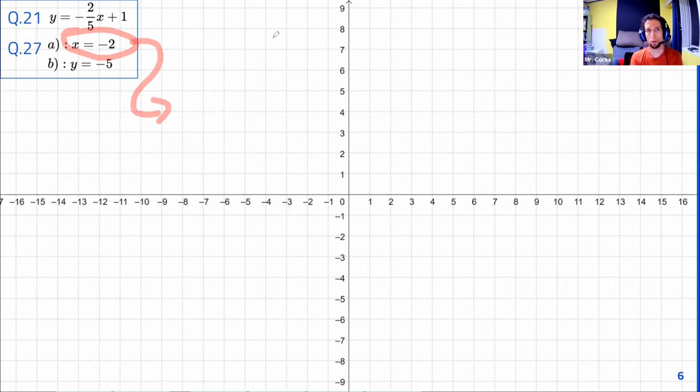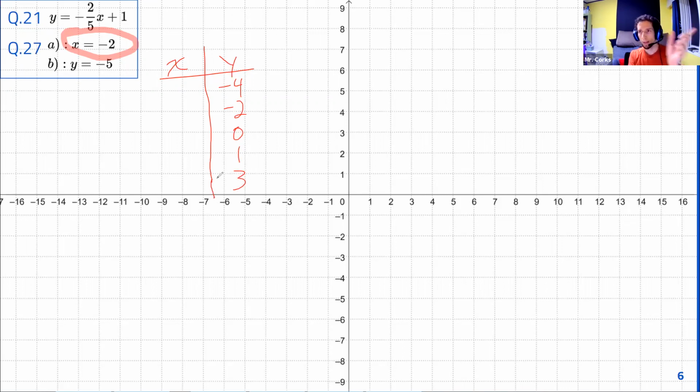The x coordinate must be -2. So if we were to try to make up a bunch of points, actually let's do this with a table of values. So let's write out some values here. Let's say -4, -2, 0, 1, and 3 for y.